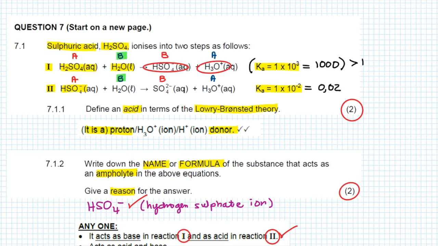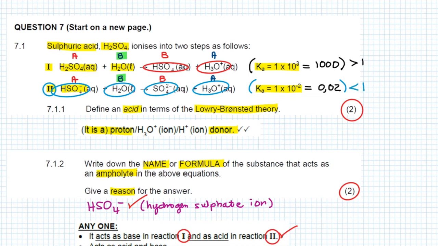But if we look at the second step, here we have taken the hydrogen sulfate ions and dissolved them in water to form ions, sulfate, and hydronium. The Ka value here is 0,02. This number is smaller than 1.